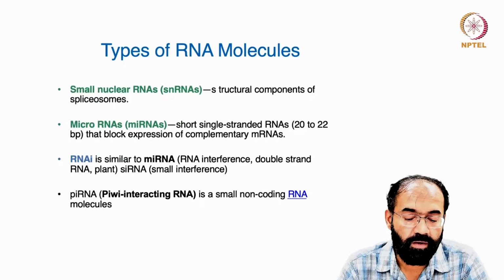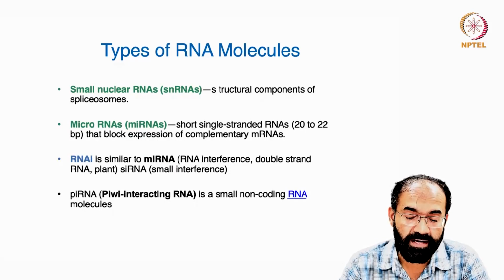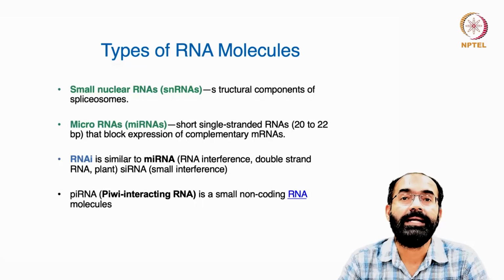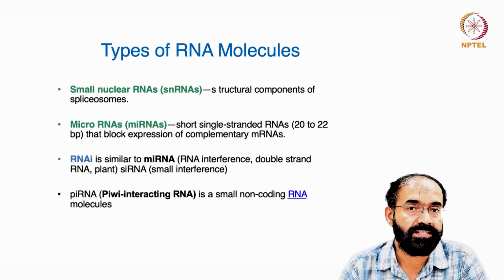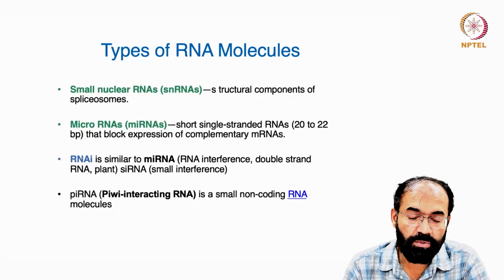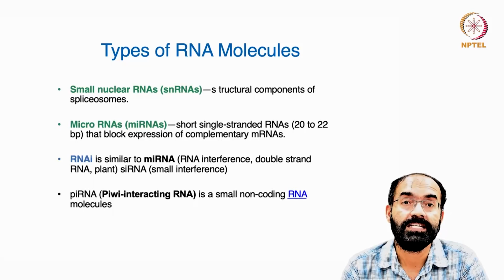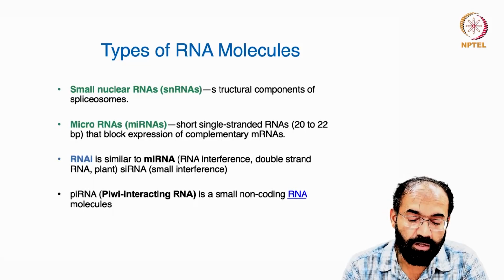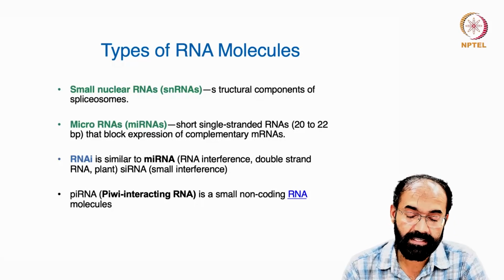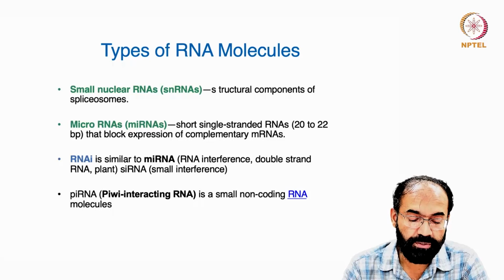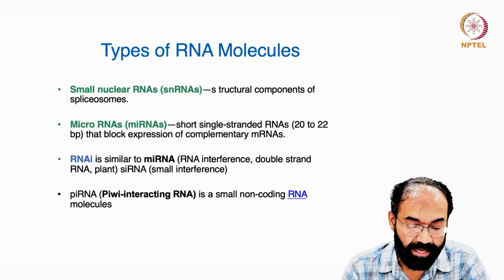Now let us see what are the other types of RNA molecules that will participate in the indirect way of influencing the production of protein. They are small nuclear RNA, snRNA. They are structural components of the spliceosomes. And then microRNA, they are short single-stranded RNAs around 20 to 22 nucleotides in length that block the expression of complementary RNAs.